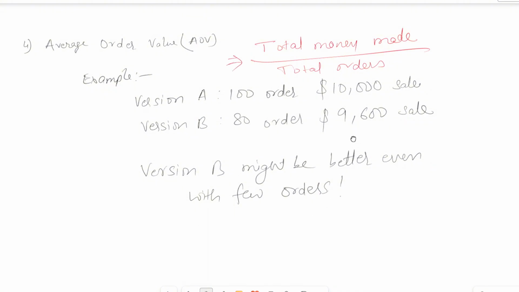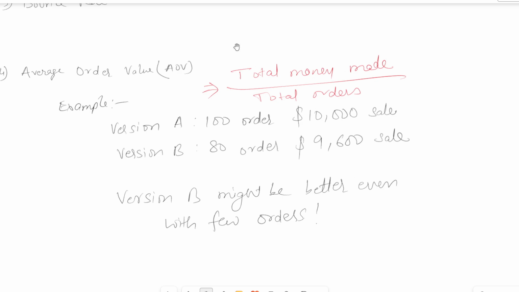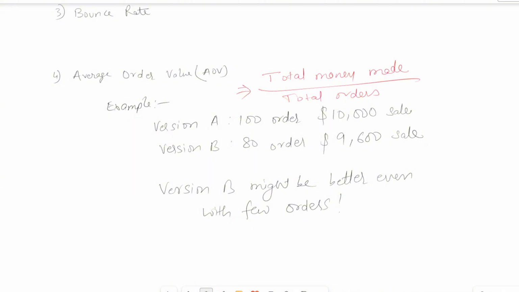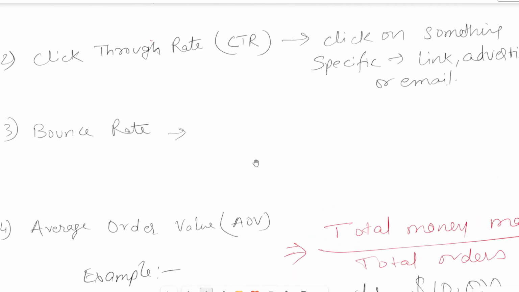Suppose in version A 100 orders were placed and the total made is $10,000 for example. So we made $100 on average. Similarly, version B has 80 orders but made $9,600. So our average order value is $120, which is more than version A. Version B is better.